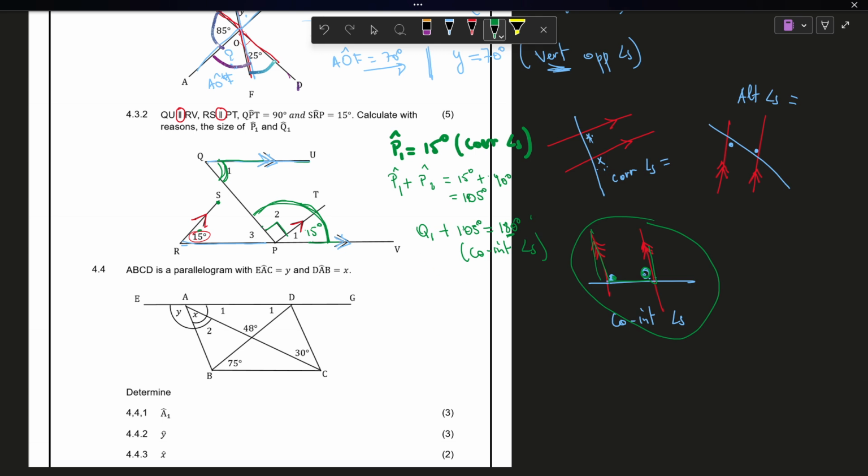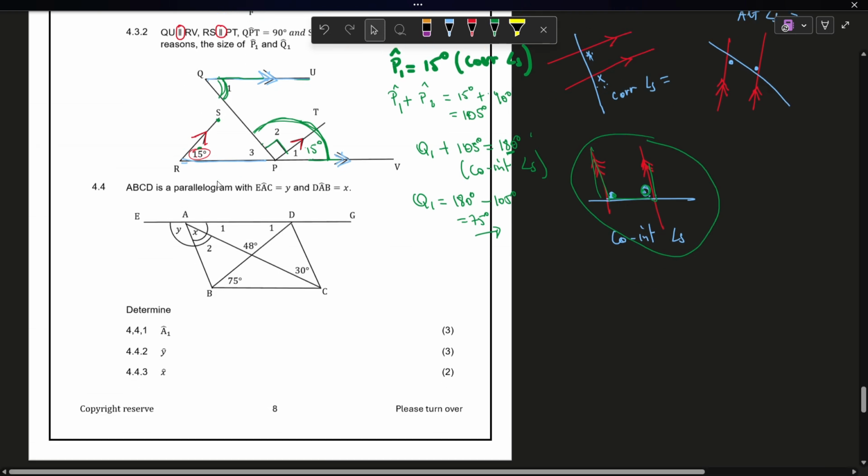Now we can solve for Q1. It means Q1 will be equal to 180 degrees minus 105 degrees, and this will give us 75 degrees. I think we solved for P1 and Q1. So we're done with this exercise.